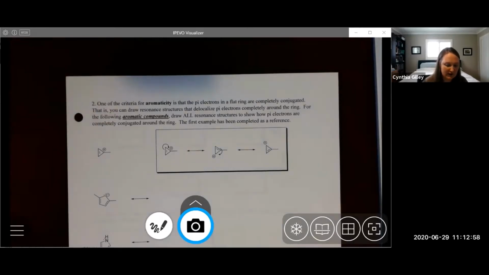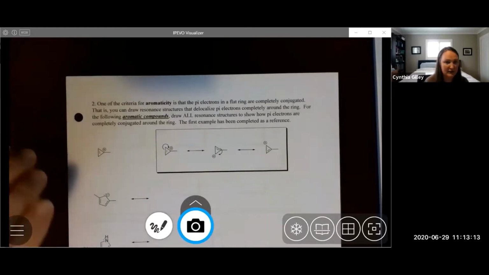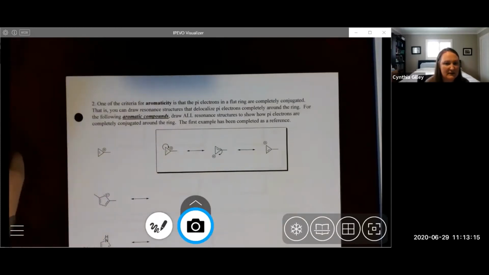For example, you could have a p orbital at every single atom all the way around the ring, but if the molecule is not flat, those p orbitals might not overlap. So we say that the planar structure, a series of overlapping p orbitals over the entire ring, is a ring that is fully conjugated. Basically it means that there are overlapping p orbitals around the entire ring, no matter how big.